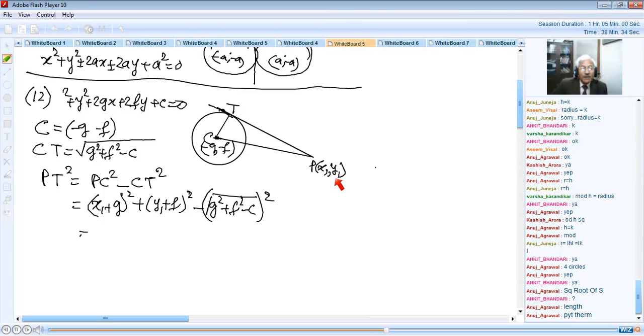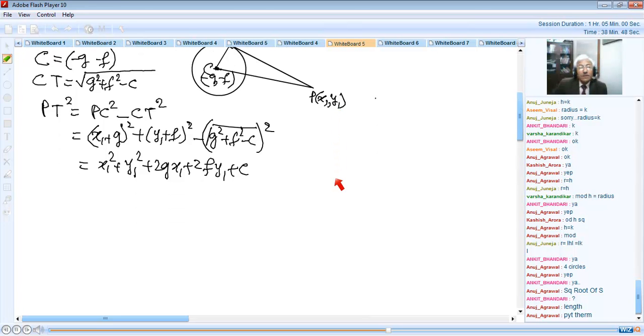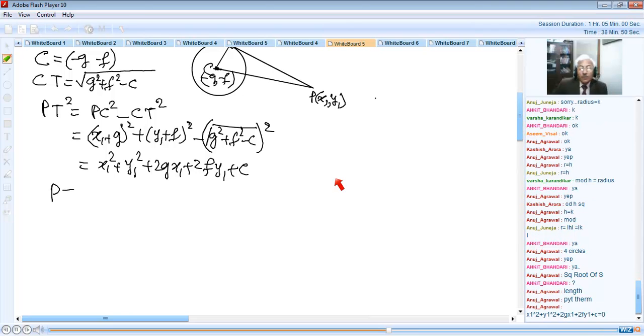If you simplify it, it is x1 square plus y1 square plus 2gx1 plus 2fy1 plus c. Right. Can you tell me what PT is equal to? PT is equal to the square root of x1 square plus y1 square plus 2gx1 plus 2fy1 plus c.